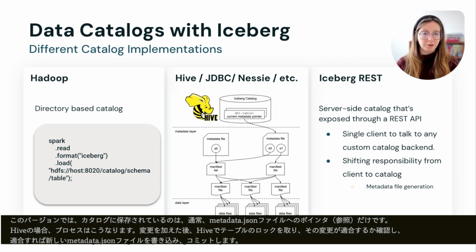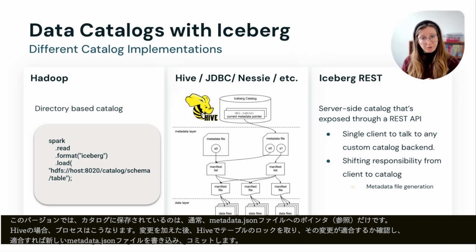And in this version of Iceberg catalogs, what's being stored in the database is usually just the pointer to the metadata.json file. And in the case of Hive, the way that this would work is you would say, I publish a bunch of changes. Everything in that metadata and data layer of the diagram, the client would write out. It would say, I've done all my work.